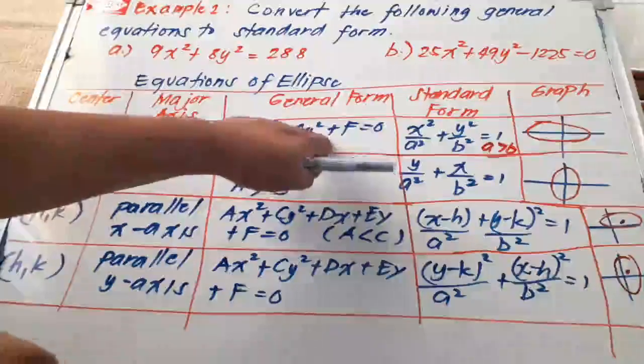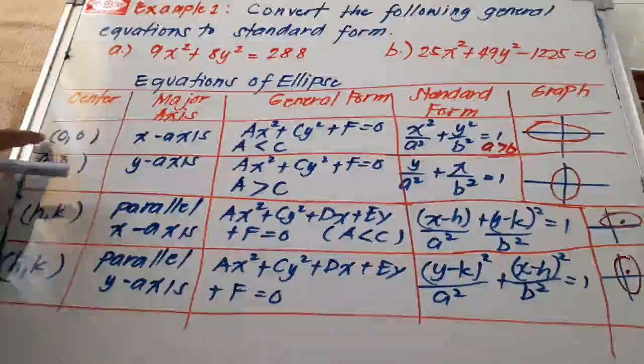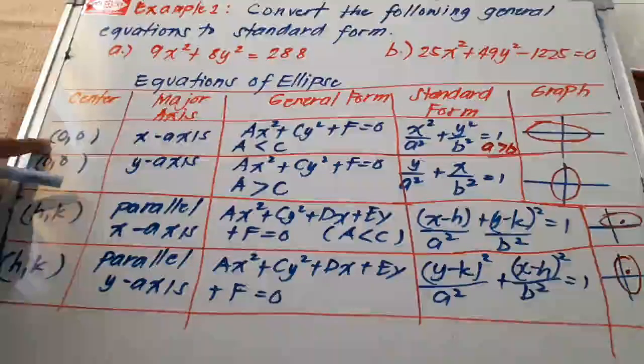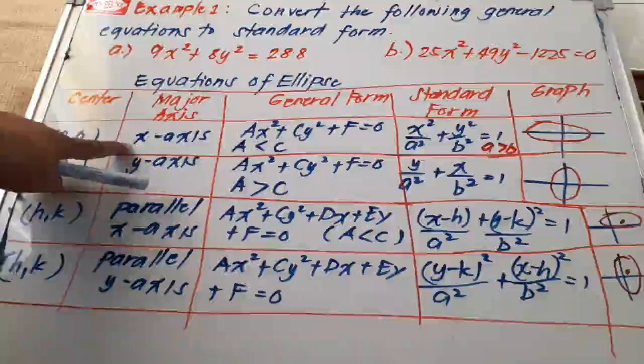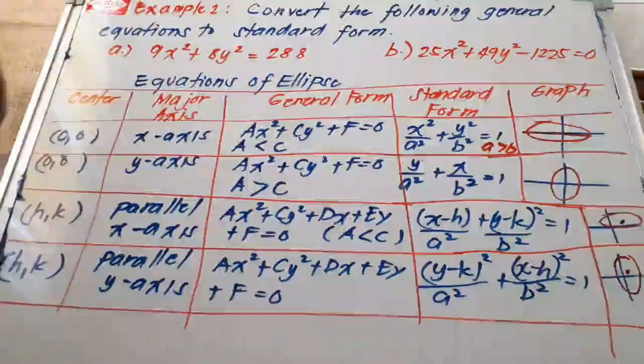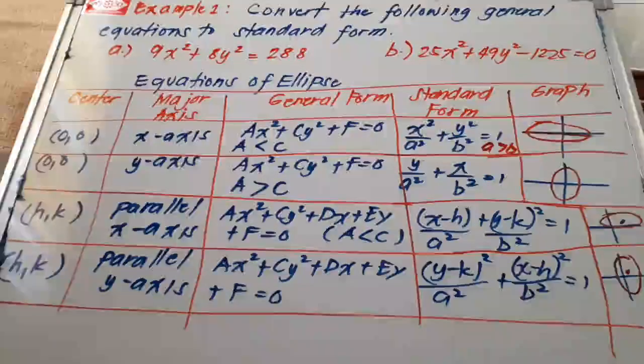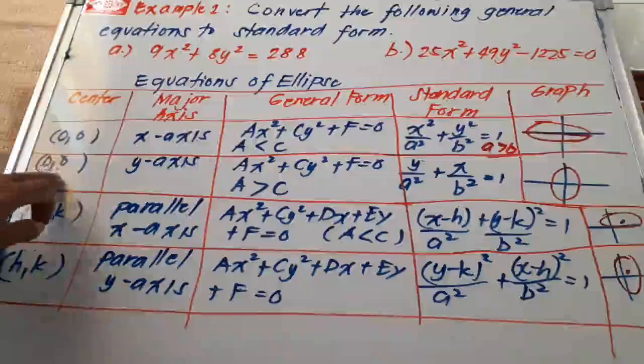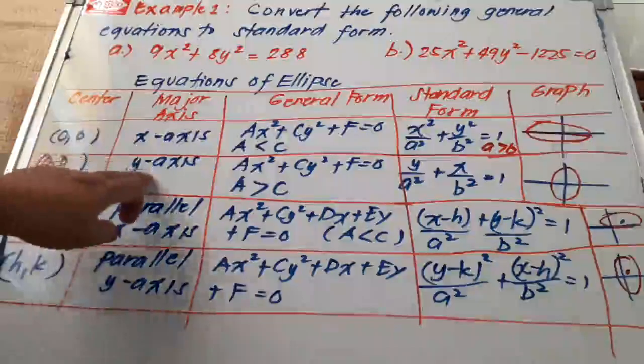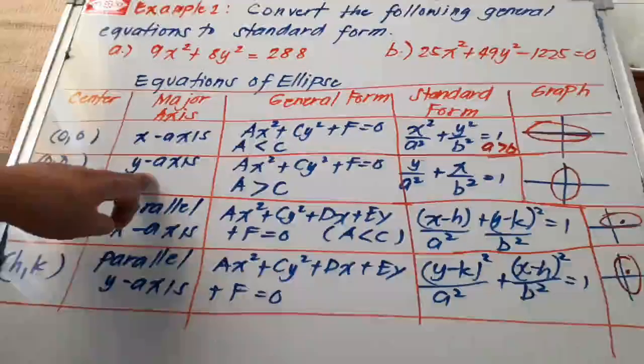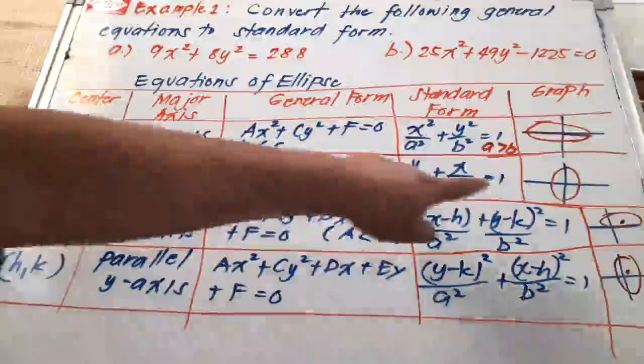This ellipse, once again, has a center located at the origin of the xy plane, and the major axis is along the x-axis. So sa graph niya, nandito yung ating major axis. Now, when the center of the ellipse is located at the origin and the major axis is along the y-axis, this is the equivalent graph.